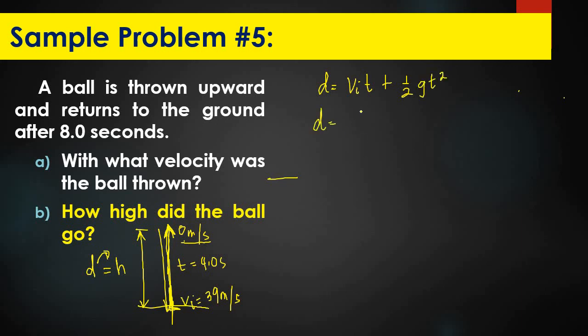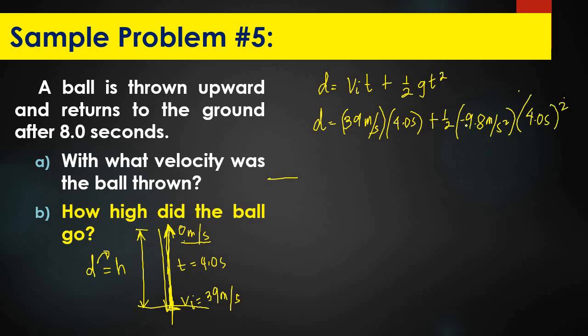So D is equal to VI of 39 meters per second times T is 4.0 seconds plus 1 half negative 9.8 meters per second squared times T squared is 4.0 squared.